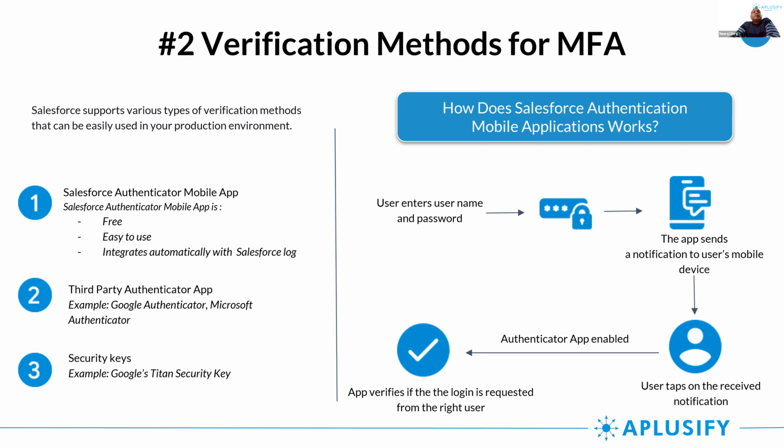So what you have done is, though you have entered the username and password in your website, there is another level of authentication that you have put in through the Salesforce mobile app, which is authenticating you. And since your mobile is with you, the hacker cannot hack it, right? So you have to make sure, obviously, your mobile is protected.